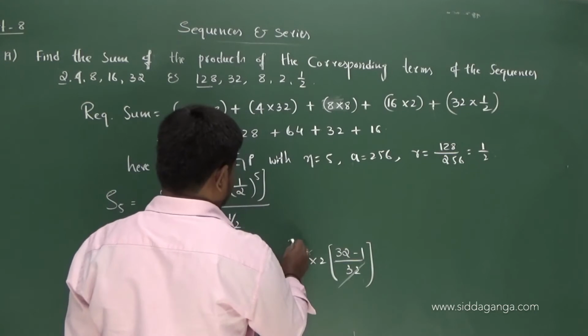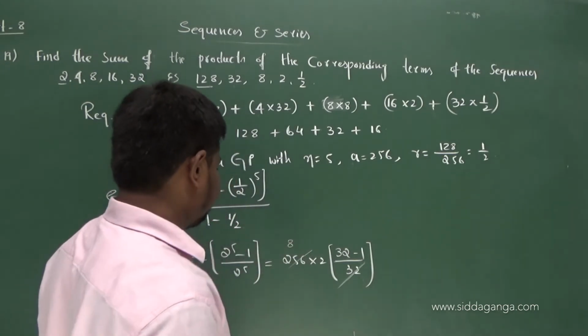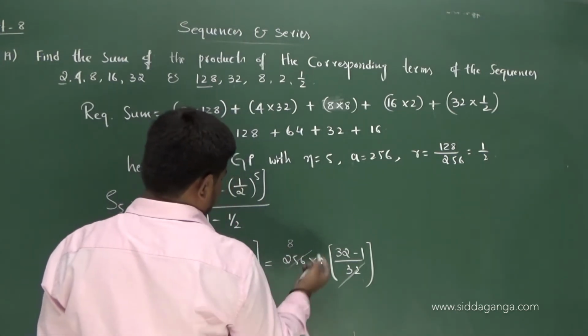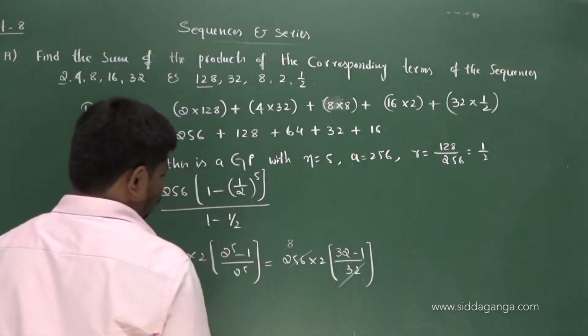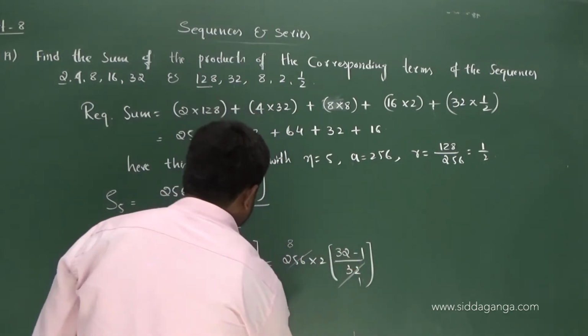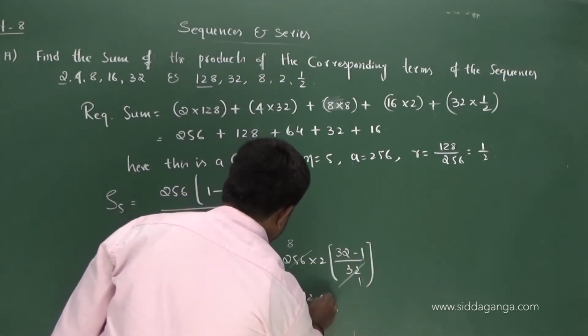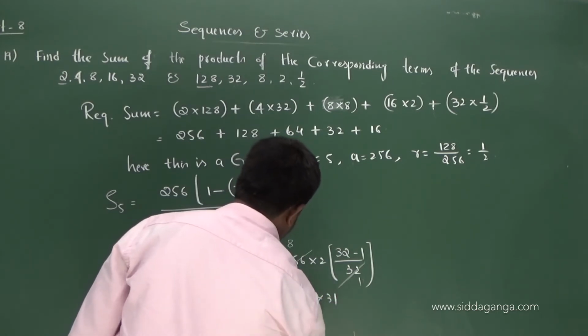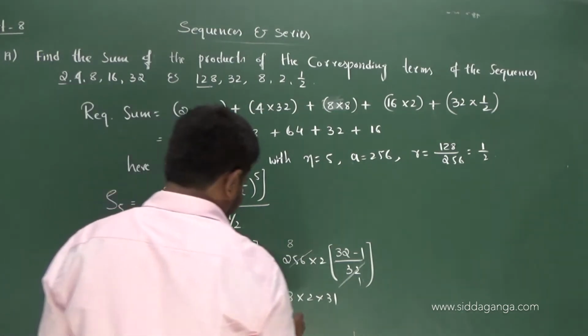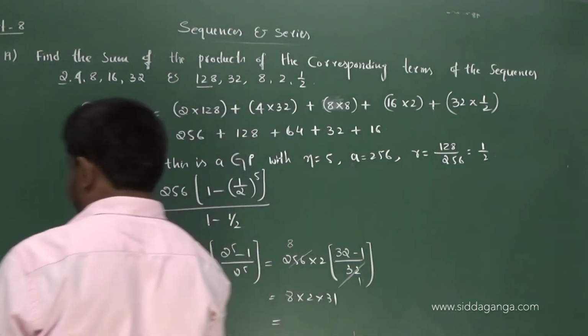So 8 into 2 into 31, that is equal to your sum, 16 into 31.